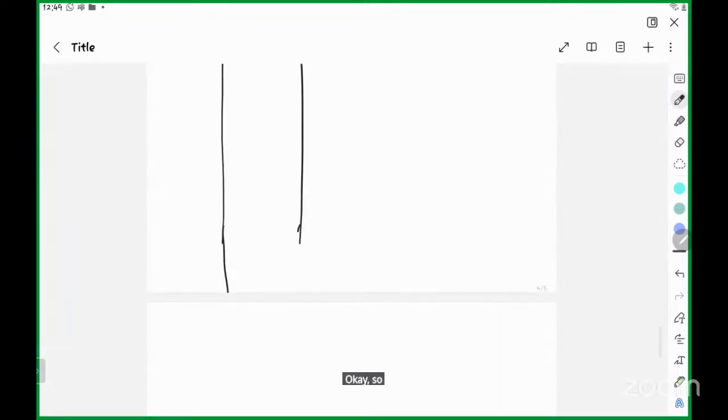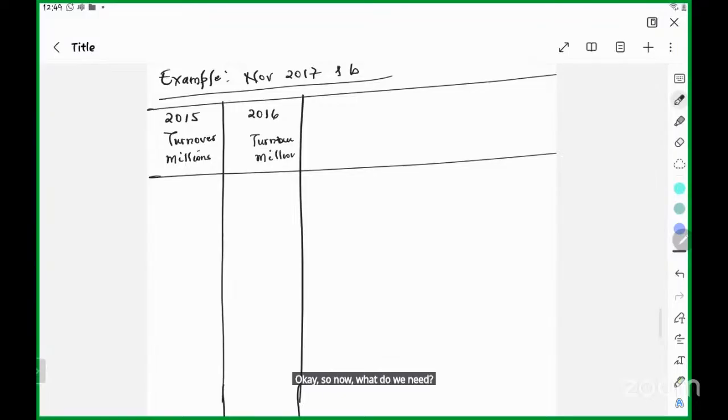Okay, so now what do we need? We shall need the moving total. That moving total is for 2016. We shall need the cumulative frequency.